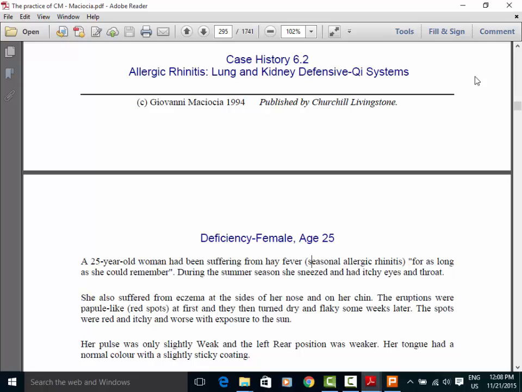Read the case, and at this point, and this is what we'll do next week, take a piece of paper, write down the disease, your diagnosis, your treatment principle, and your treatment. Go. You have 5 minutes.